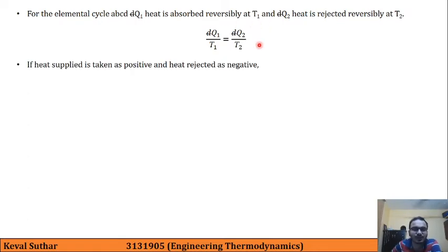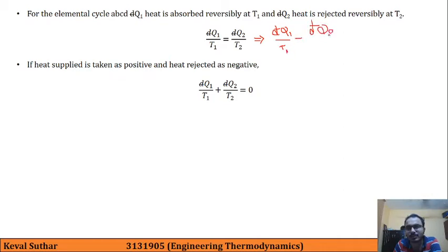If the heat supplied is taken to be positive and heat rejected as negative, then the further simplification will be like this: δQ1/T1 − δQ2/T2 = 0. As this is heat rejected and it is negative, so negative of negative will become positive.